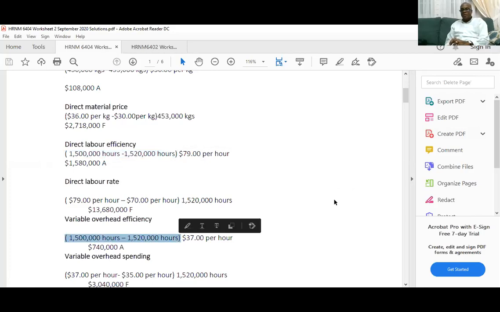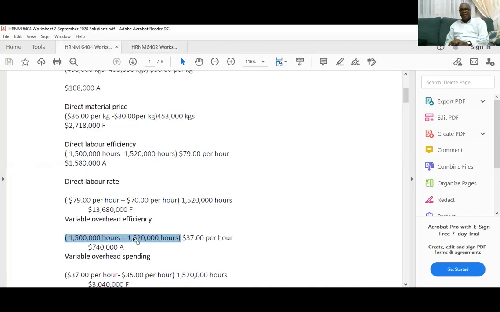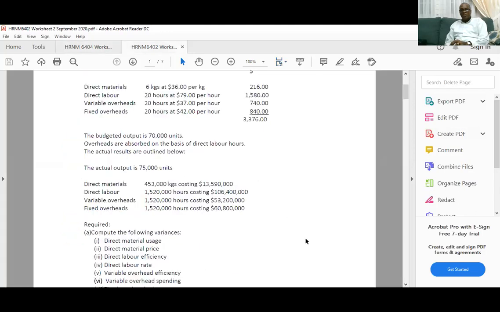You might want to take a note that the same figures will appear in the brackets for direct labor efficiency variance and variable overhead efficiency variance when overheads are absorbed on the basis of direct labor hours.